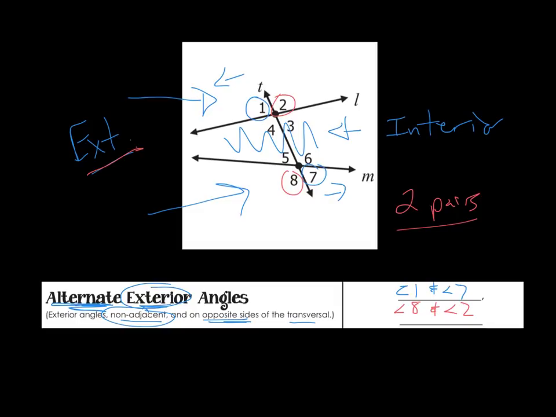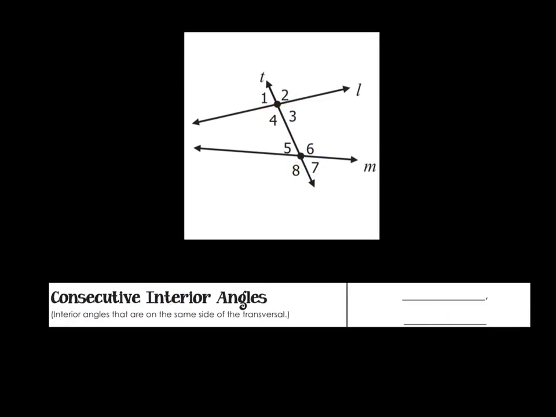And let's wrap it up. Our last group is going to be consecutive interior. And again, the interior is here. Consecutive means sort of one right after another. So they're interior angles that are on the same side of the transversal. Well, this is a no-brainer. 4 and 5 are interior angles that are on the same side of the transversal.